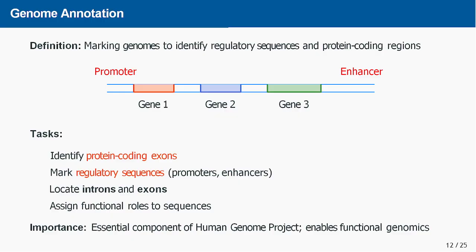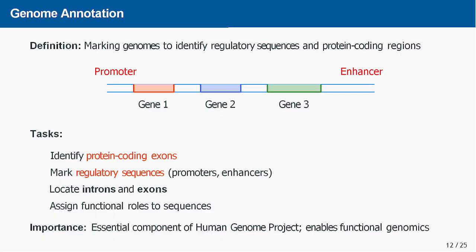Now, genome annotation is like marking the genome to identify regulatory sequences and protein coding regions. In that we have two parts, one is a promoter, another is an enhancer. In between this promoter and enhancer, we have different gene sequences.